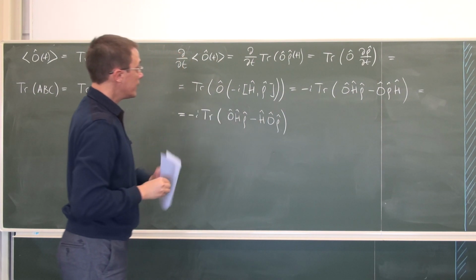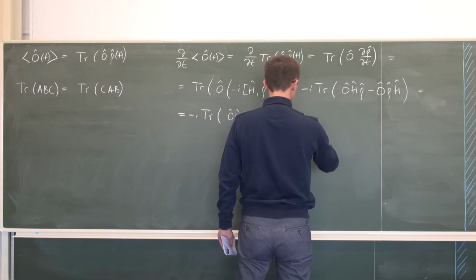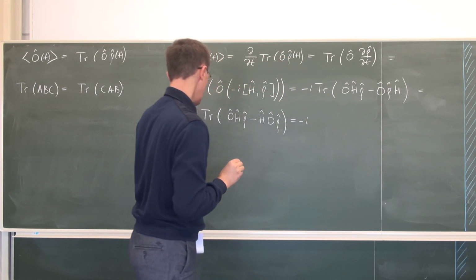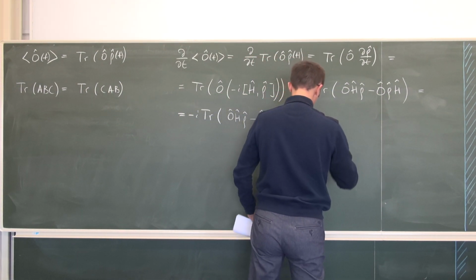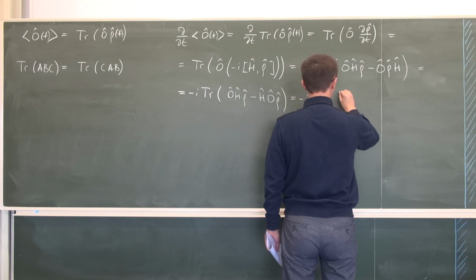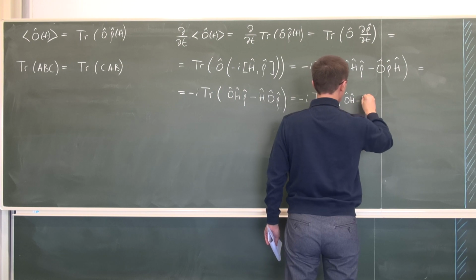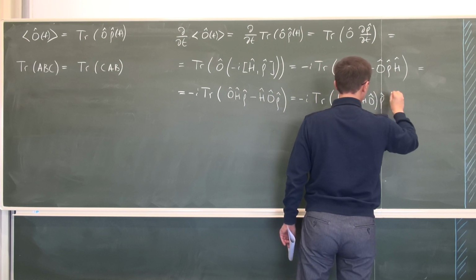And then, look, I can take rho out of the bracket. So that is minus i trace of, and then we have O H minus H O times rho.